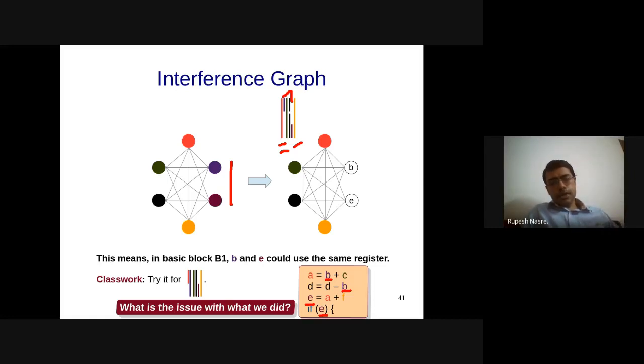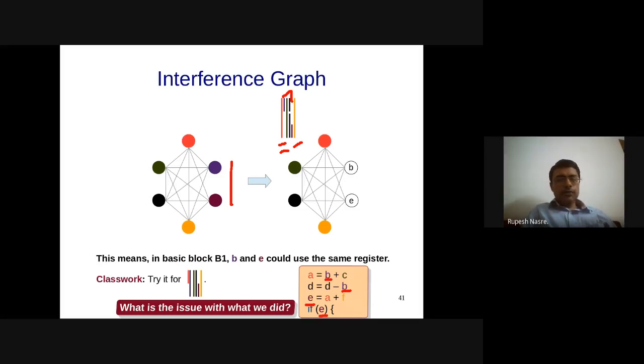But there is something more serious than that. What is that? We did this live range analysis. We computed the interference graph. Using this, we colored it, and we obtained that all these nodes should be pushed into the same register or different registers. So that is the allocation that we got. But there is something wrong.